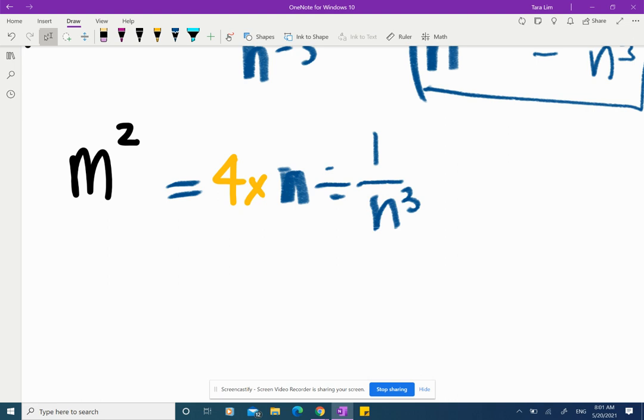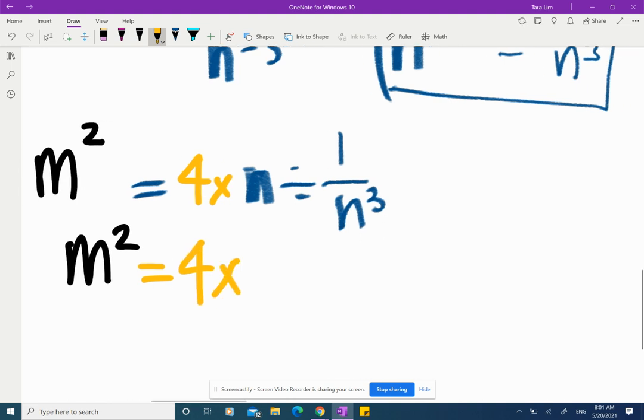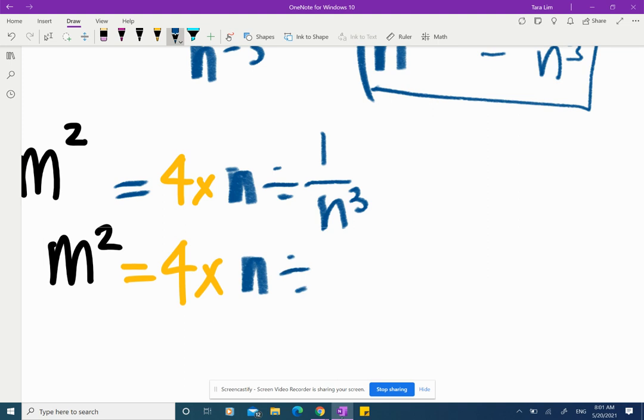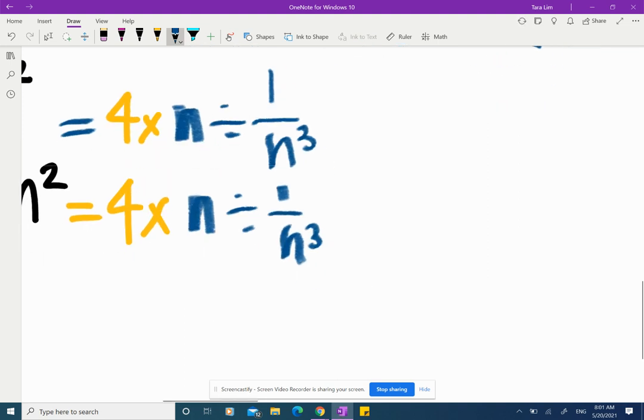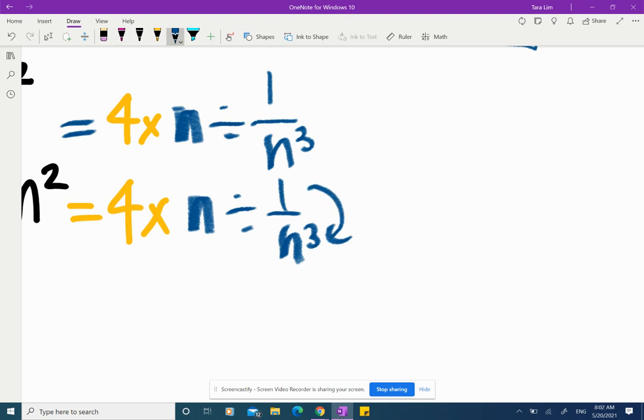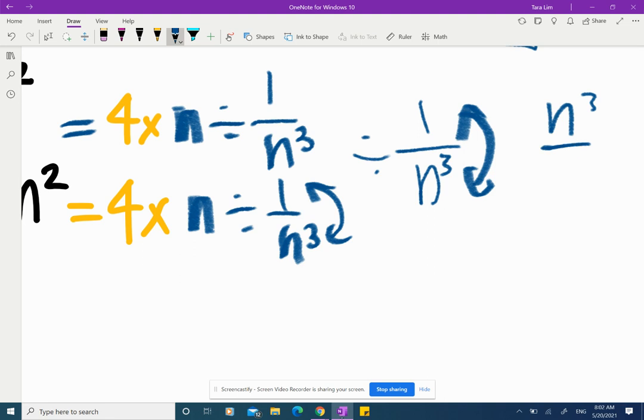So again, let's just not do anything right now. We just need to focus on n divided by 1 over n cubed. So what is n divided by 1 over n cubed? Whenever we divide a fraction, we must always first flip the fraction. Right now it's 1 over n to the power 3, and when we divide it, we must flip it, so it becomes n to the power 3 over 1.